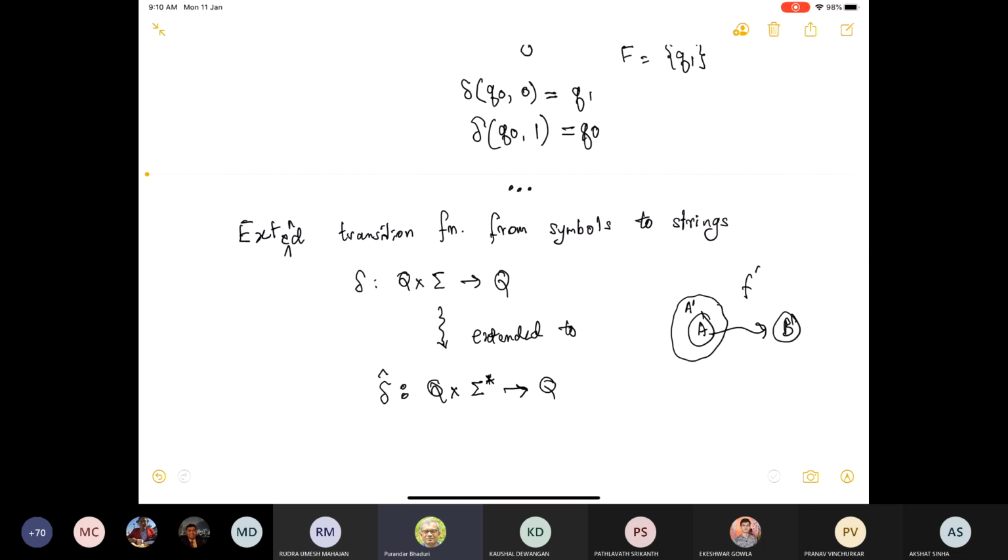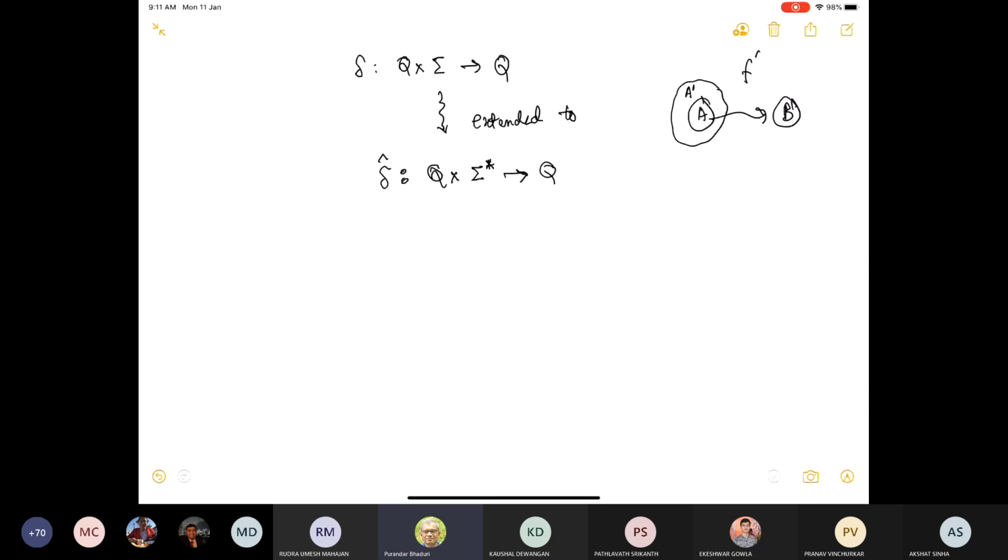As you can see, sigma star actually contains sigma. Why? Because sigma can be regarded as the set of strings of length 1. So sigma is sitting inside sigma star. So we are actually extending this function to a function on a bigger domain. And how do we do that? Well, by induction.